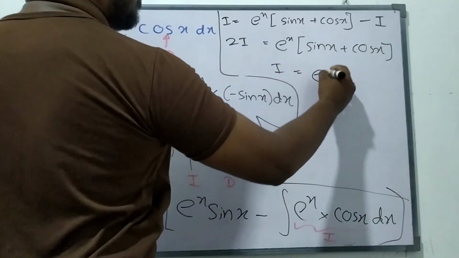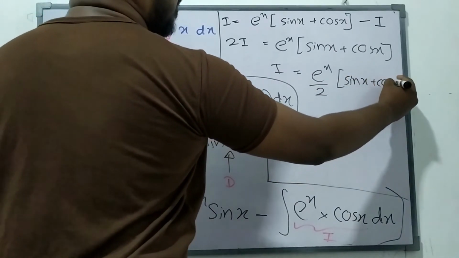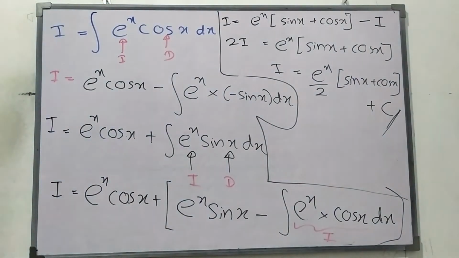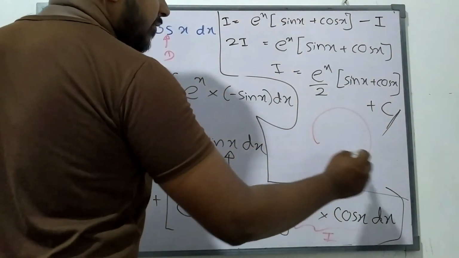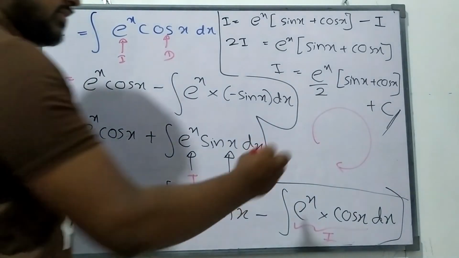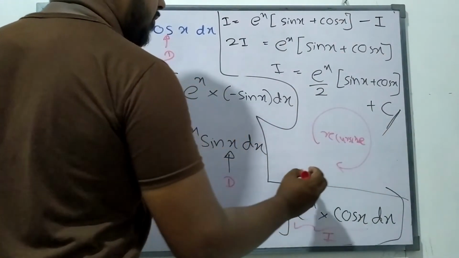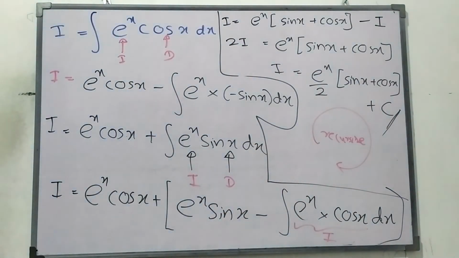So I becomes e to the x over 2 into sin x plus cos x. This is the answer of that sum, right? So these are known as recall functions, meaning recursive function, because the same answer is coming recursively.